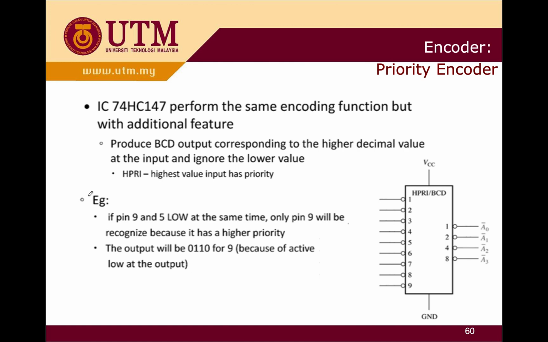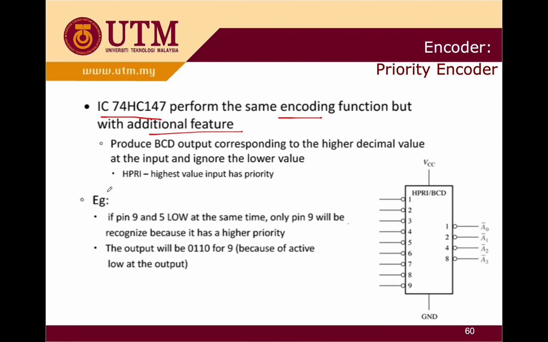And this one is under priority encoder, which is using IC 74HC147. It performs the same encoding function, but with additional features. You can see there is a slight difference, and then you produce the BCD output corresponding to the highest decimal value input and ignore the lower value. So you can see that there is an example.